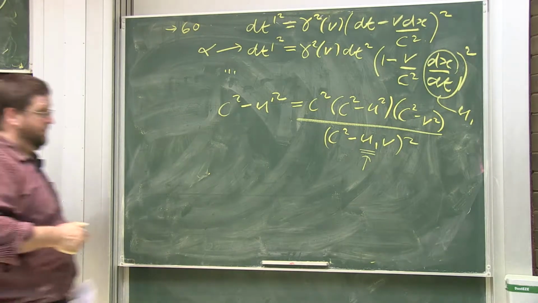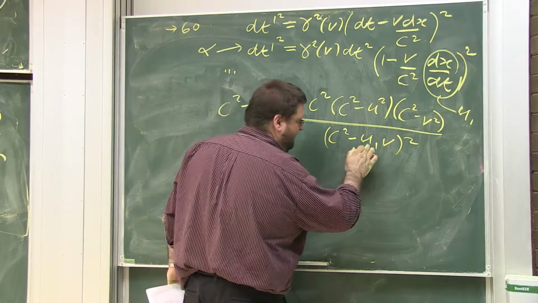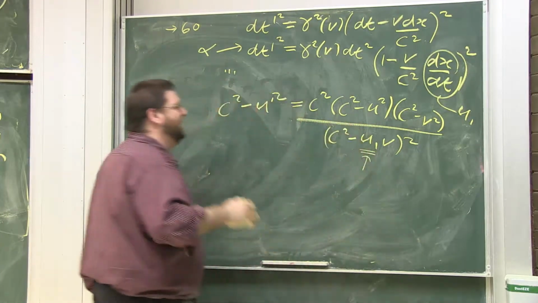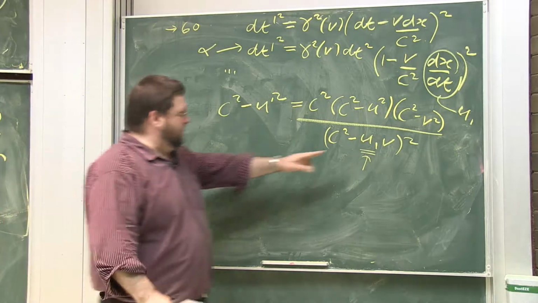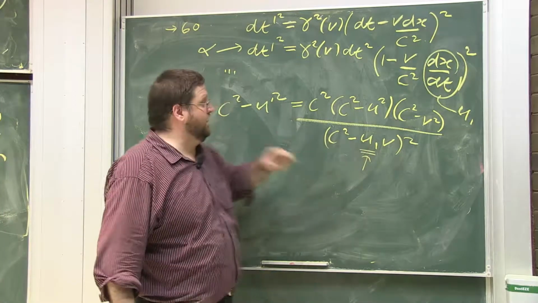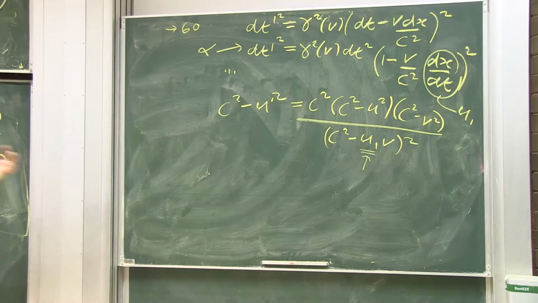Oh, sorry, the unprimed component of the x component of the velocity of the particle, or the projection of the velocity on the boost velocity has a privileged place. It's also an ugly formula. I just don't like it.